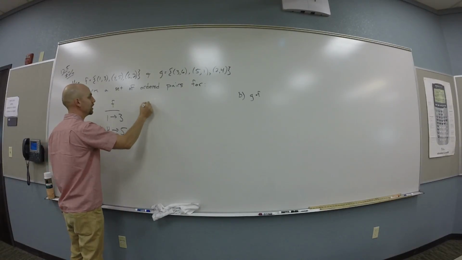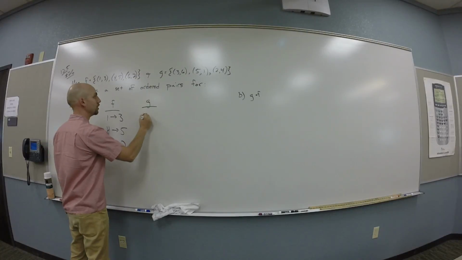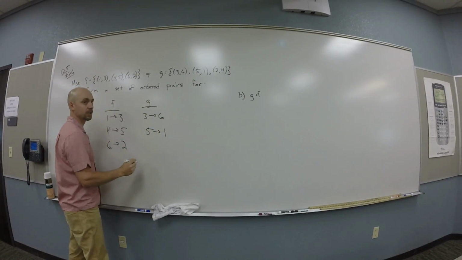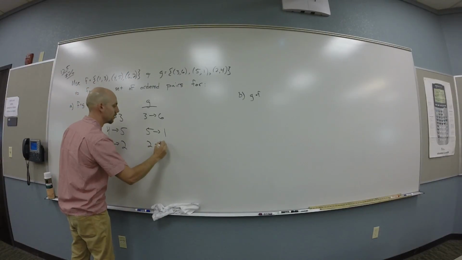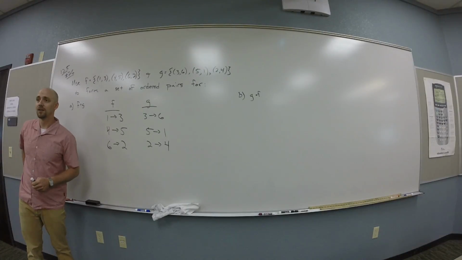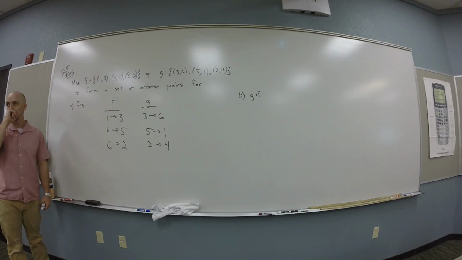And then what does G do? G takes 3 to 6, it takes 5 to 1, and it takes 2 to 4. This is actually really convenient, right? What does F composed with G mean?